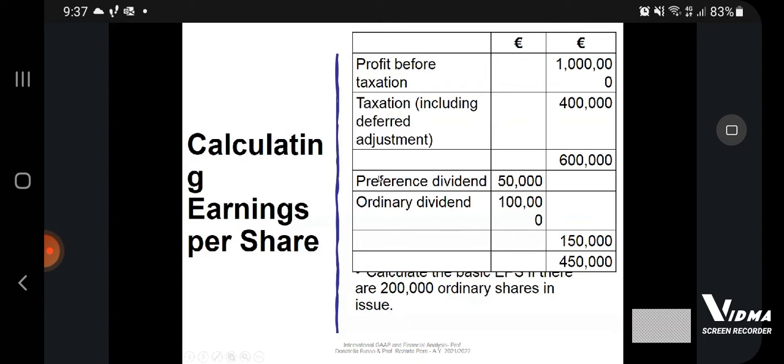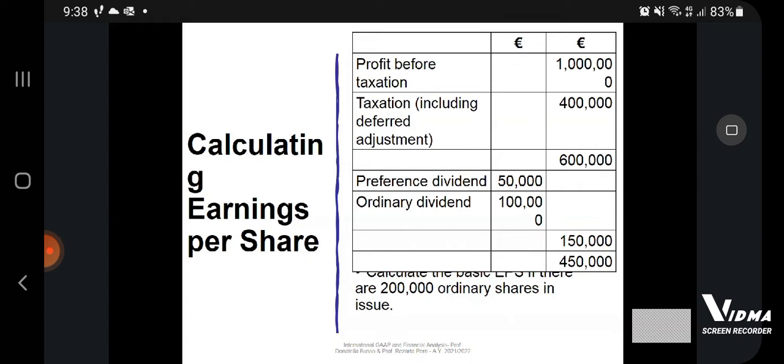So what we see here is that when we deduct from the profit of the year, which is 600,000, the preference dividend and the ordinary dividend, the sum of both of them is 150,000, then we are left with a retained earnings profit.